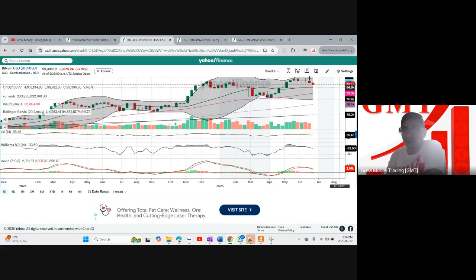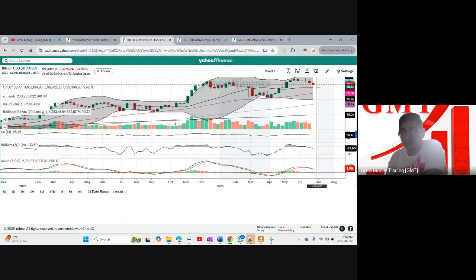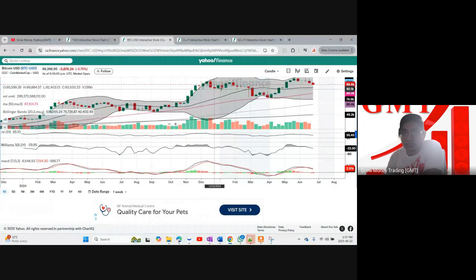Based on the last three candles on a weekly basis, it can easily be expected to touch the mid Bollinger Band on the weekly chart. This should be a bit of a strong support level, seeing that it has acted as support previously here and then resistance here, so it should act as support on a weekly basis.